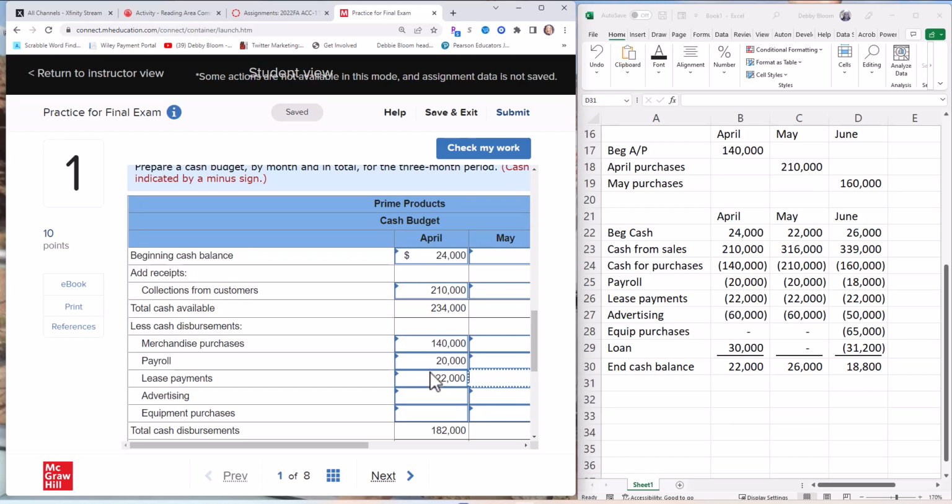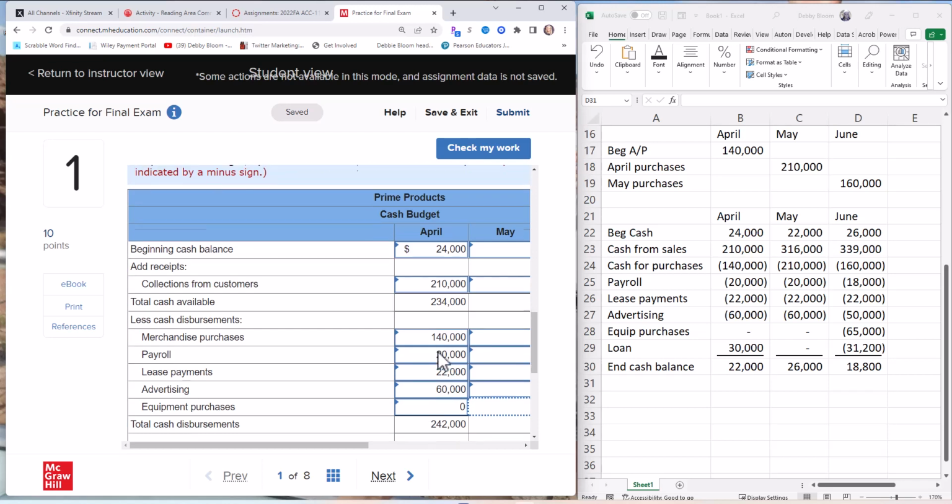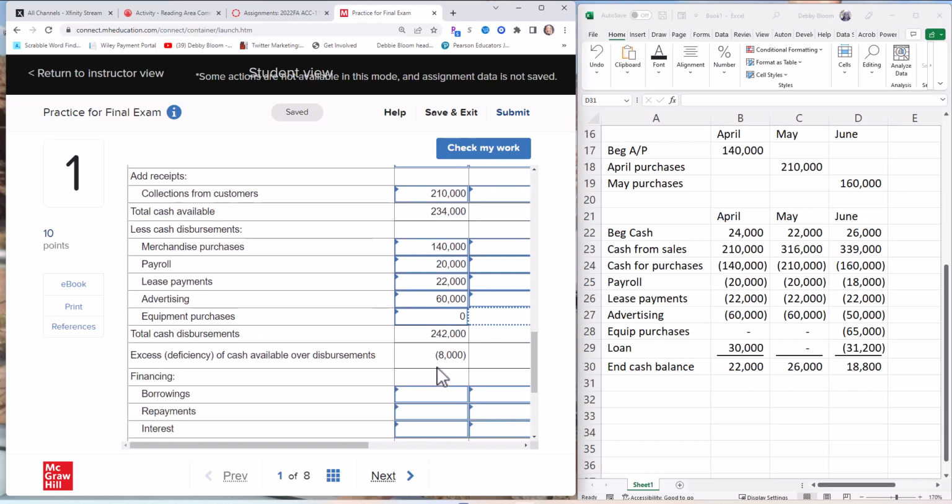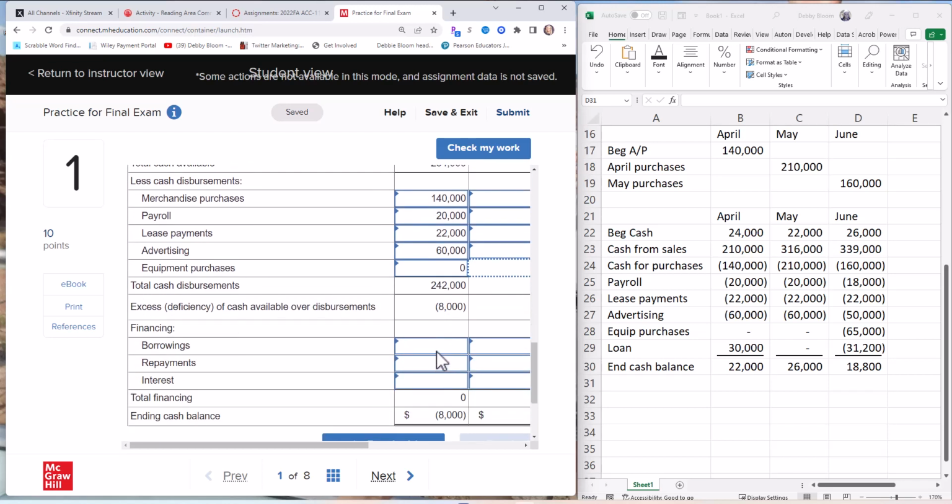That does not belong there, it belongs here. $60,000. And equipment purchases, $0. So it gave us our cash available, cash disbursements. So notice that we have $30,000 in borrowing. We have $0 in repayments and $0 in interest. So we're going to budget an ending cash balance of $22,000.